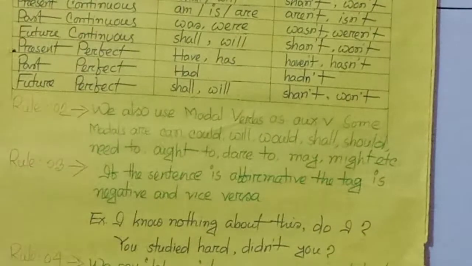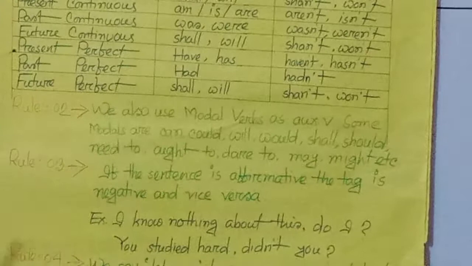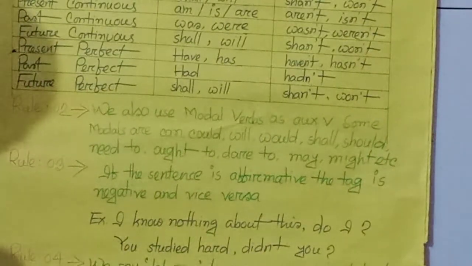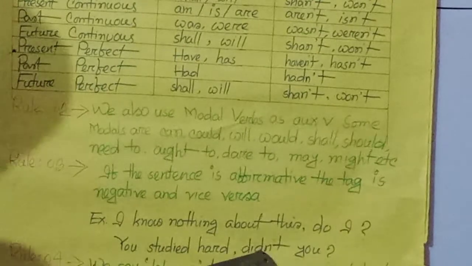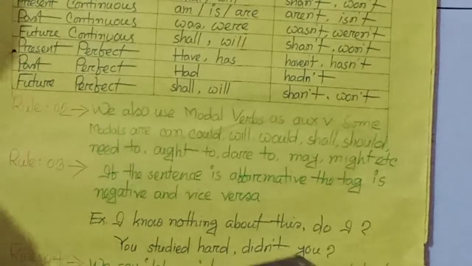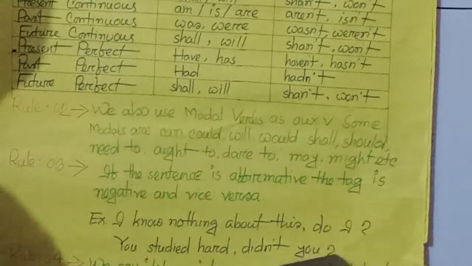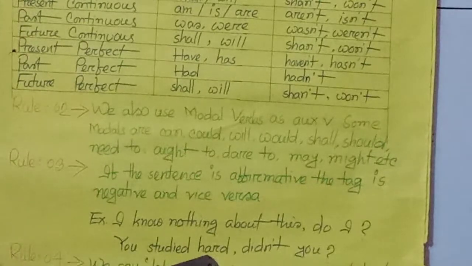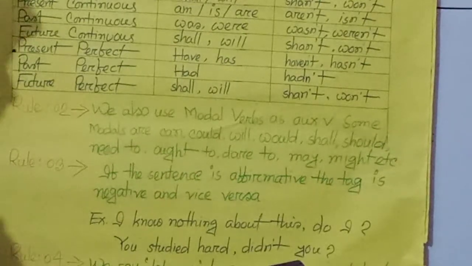And this is in past indefinite tense. That's why we use did, and there is no negative word, so we use not: didn't, and the subject is you, so we use you. And last of all, the note of interrogation. So, you studied hard, didn't you?